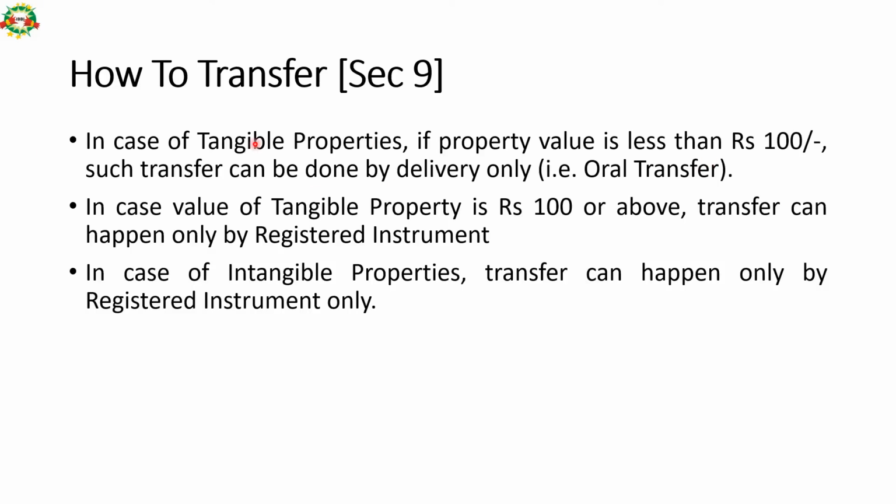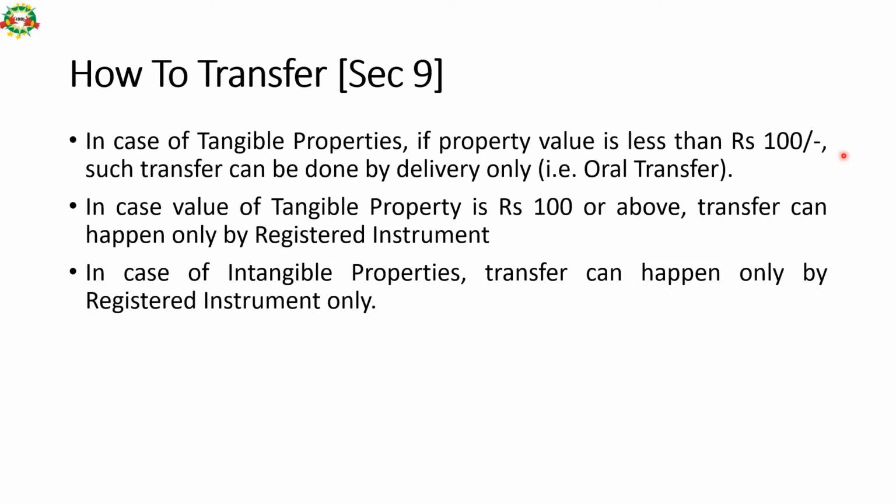So if a tangible transaction is there, physical property, tangible and intangible we already discussed. In case tangible property is rupees 100 or above, transfer can happen only by registered instrument. So tangible property of less than 100 rupees can be transferred through oral transfer only.